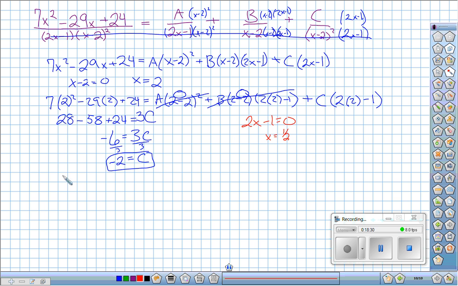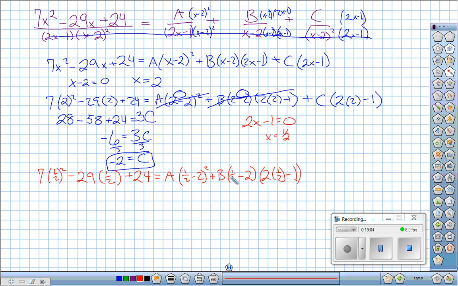So I will have 7 times 1/2 squared minus 29 times 1/2 plus 24 equals a times 1/2 minus 2 squared plus b times 1/2 minus 2 times 2 times 1/2 minus 1.